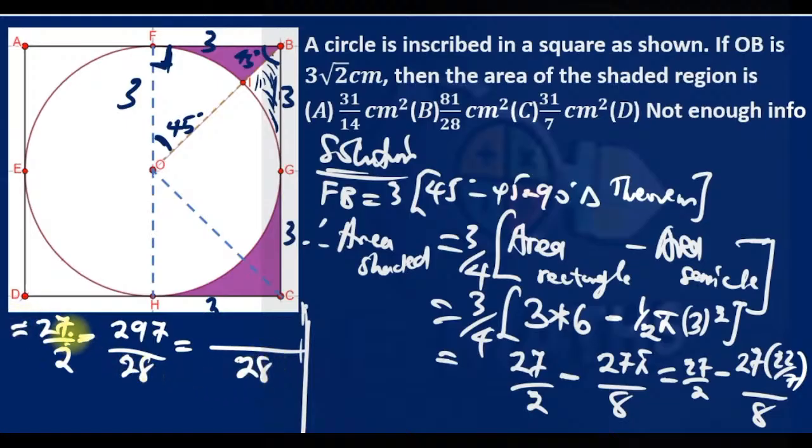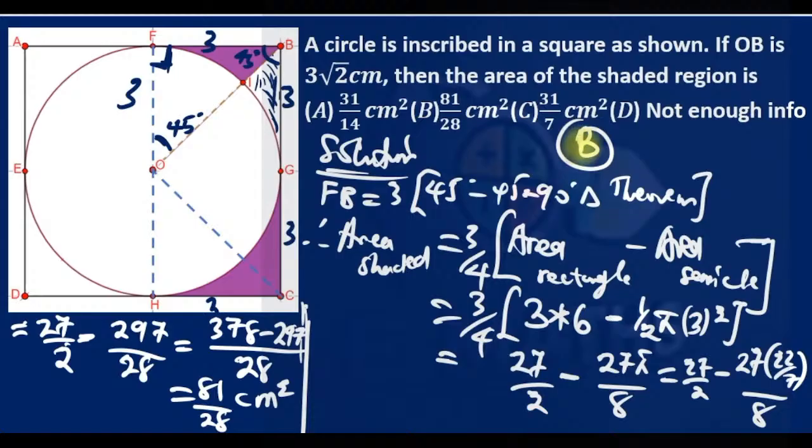So 27 times 14 is 378, minus 297, which is 81/28. So that is our answer, in cm squared, which is option B. So it's a very simple question but tricky. Thank you.